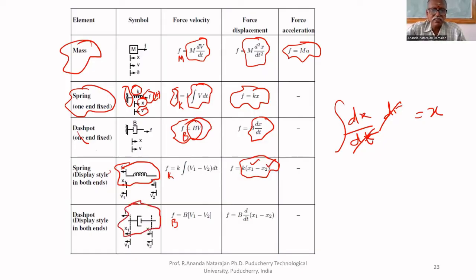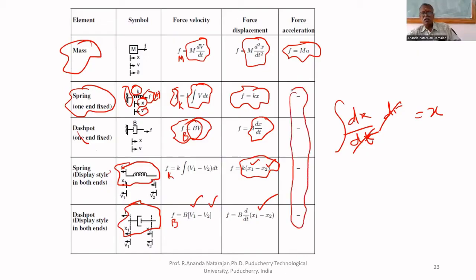For the dashpot with both ends free, it is b times v1 minus v2, or b d by dt of x1 minus x2, the derivative of displacement being velocity. These are the expressions for reaction force that we should remember to obtain the mathematical model. These are all empty for the acceleration form because there is no acceleration term.